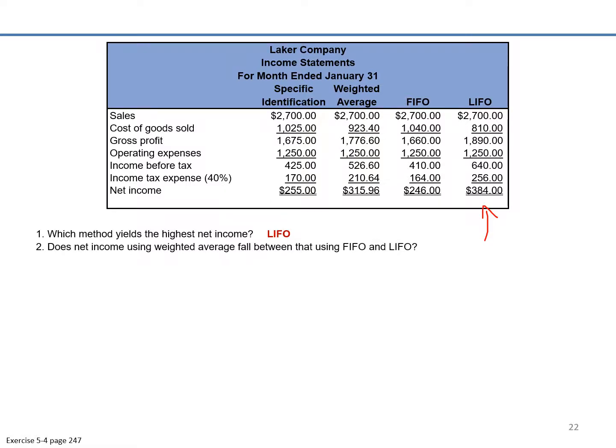Does net income using weighted average fall between that of using FIFO and LIFO? It does not, right? 315 falls outside of, oh wait, I'm sorry, yes it does. Does 315 fall inside of 246 and 384? Sure does. If costs were rising instead of falling, what method would yield the highest income?